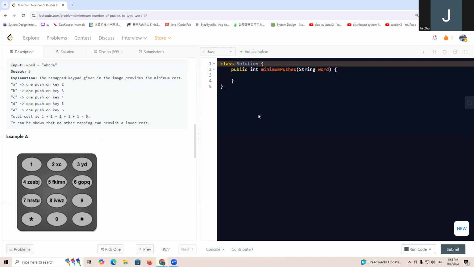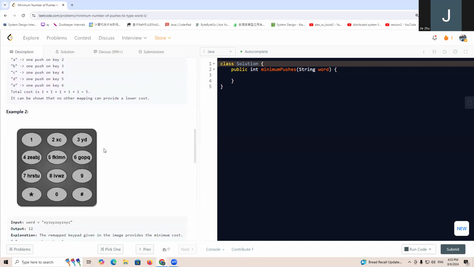For example, if A appears most, we want A to take only one push. But on the keyboard, only seven keys allow a single push, so only 7 characters can use it. So the top 7 most frequent characters get one push, and then 8 to 14 get the second push.